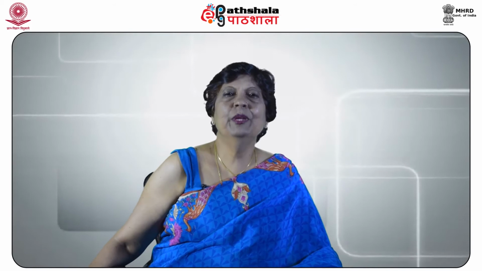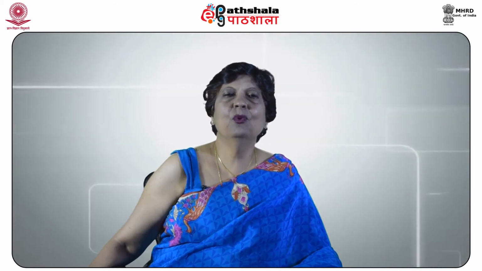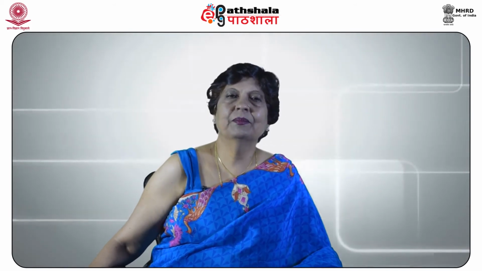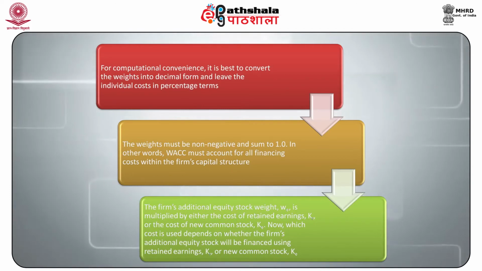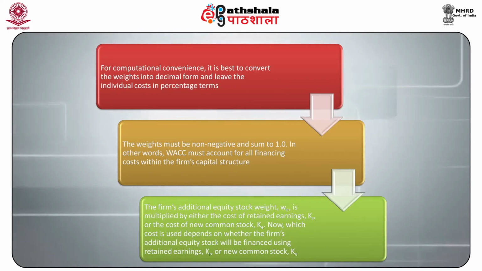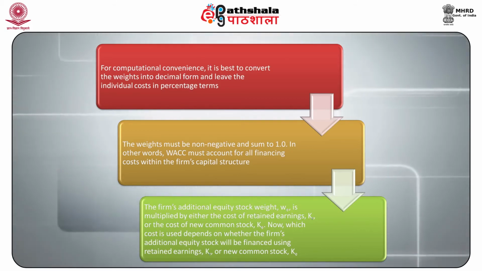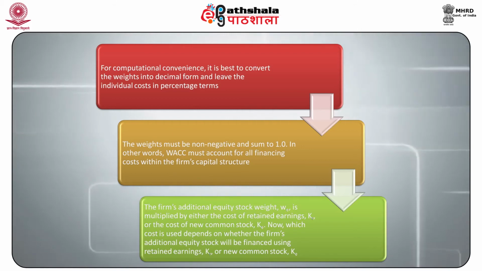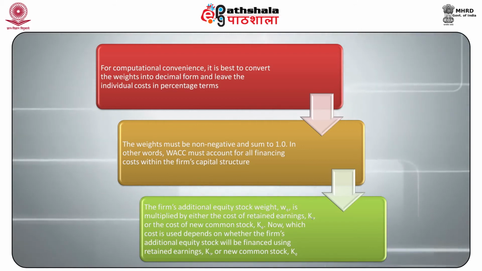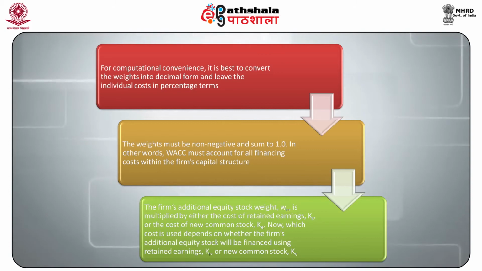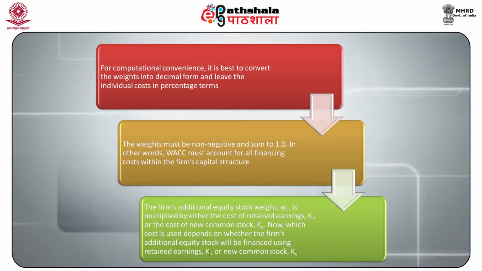Following points should be noted while calculating overall cost of capital. For computation convenience, it is best to convert the weights into decimal form and leave the individual costs in percentage form. The weights must be non-negative and sum to 1.0. In other words, WACC must account for all financing costs within the firm's capital structure.